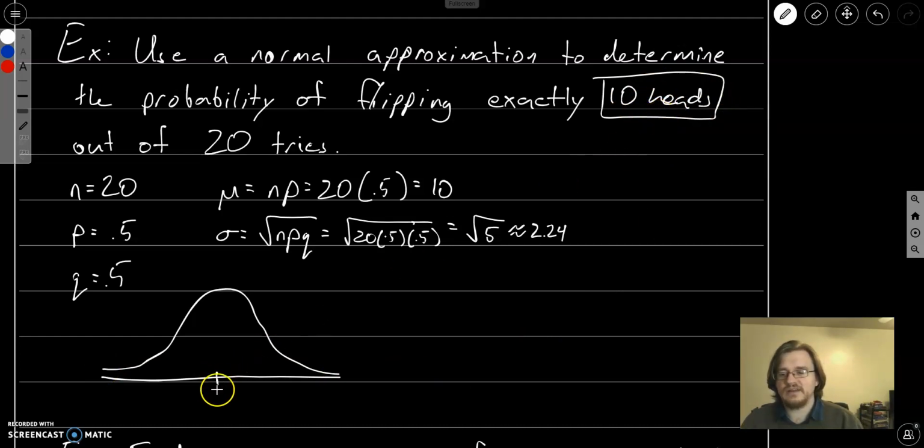So rather than looking exactly at 10, I'm going to go down from 10 by a half and up from 10 by a half. So this will be 9.5 up to 10.5. Instead of calculating the probability of exactly 10 heads, I want to look at the probability of flipping somewhere between 9.5 heads and 10.5 heads.